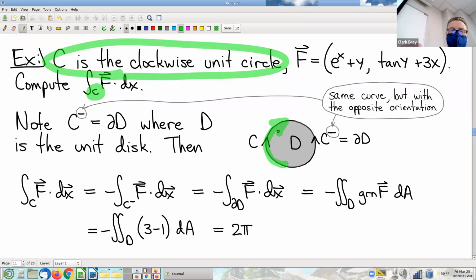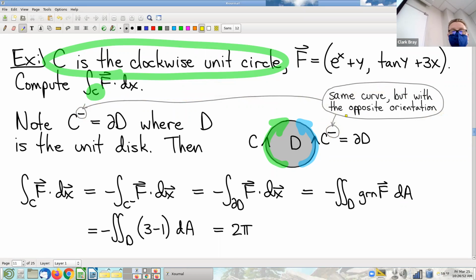What I can do is relate the curve that I'm interested in, the clockwise oriented unit circle, with the counterclockwise oriented unit circle. Recall this notation here, this little superscript minus sign is just saying go the opposite way. Same curve, other direction.